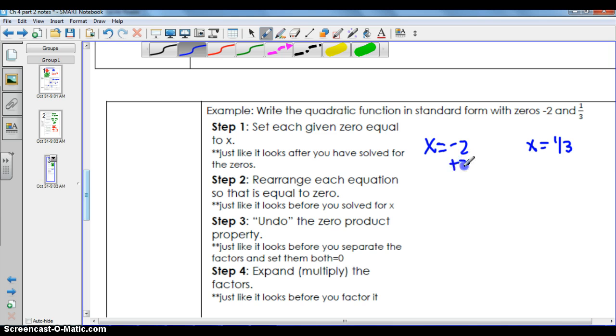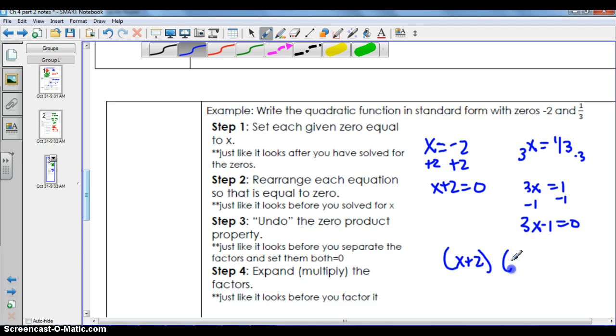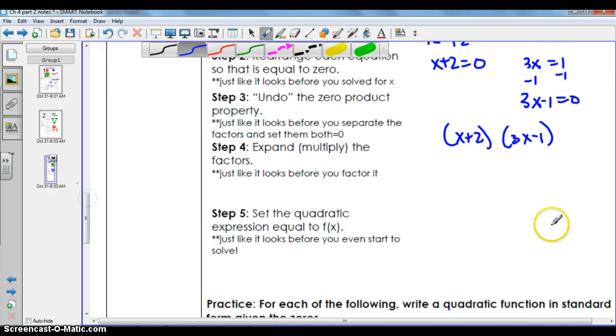So we are going to add 2, so it's x plus 2. And then over here, undo the division by multiplying by 3 first. Now undo this one by subtracting. So in our parentheses, we have an x plus 2, and we have a 3x minus 1. We're now going to FOIL. So 3x squared plus 6x minus x.